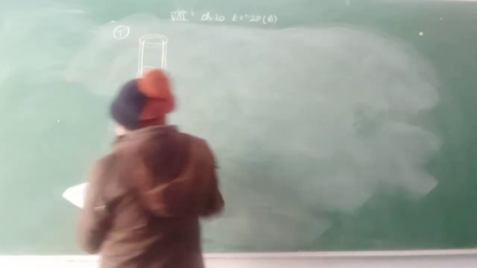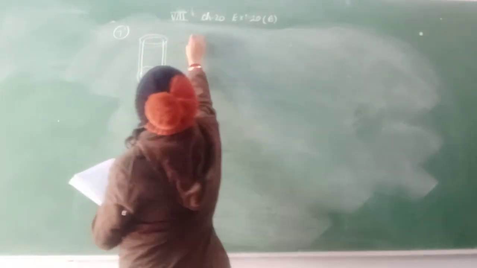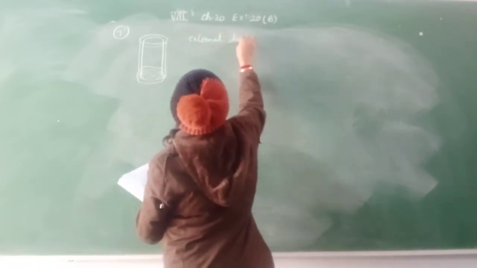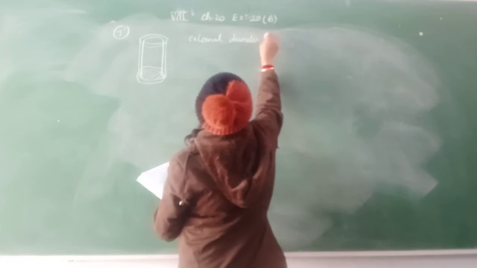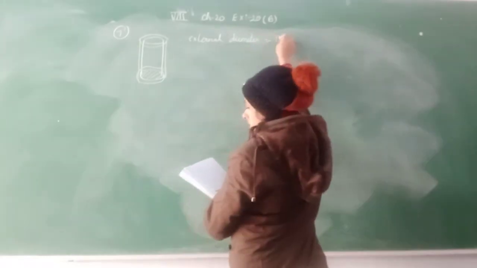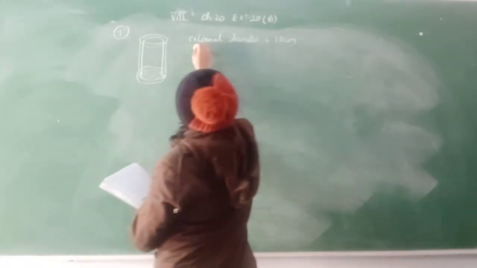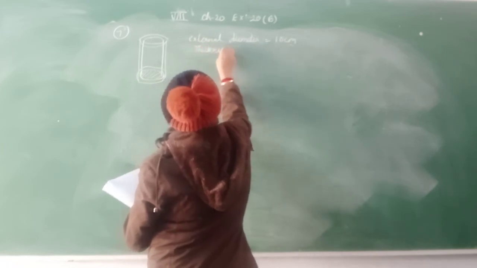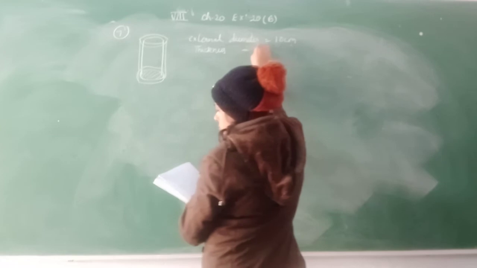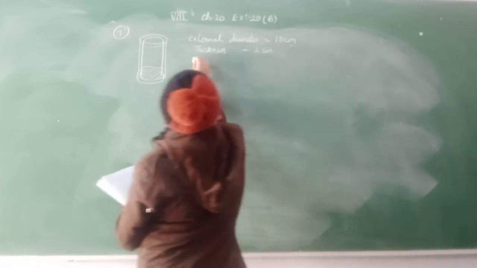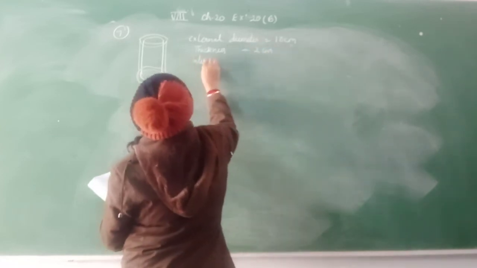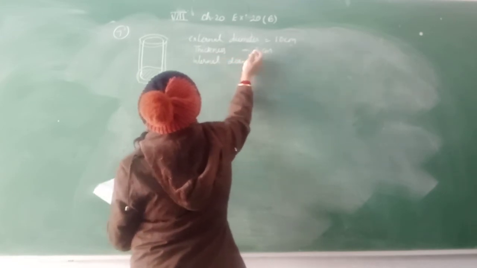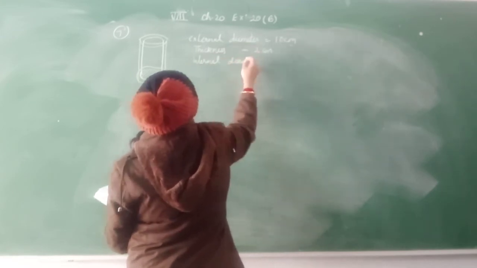Just like this, clear? Where the external diameter is 10 centimeter and thickness is 2 centimeter. So the internal diameter, how will you get it?